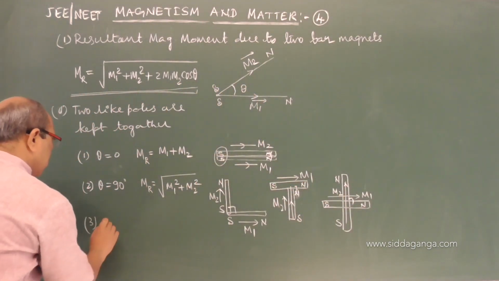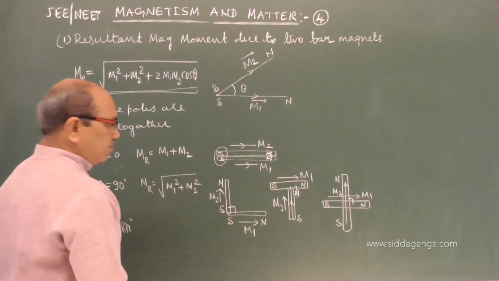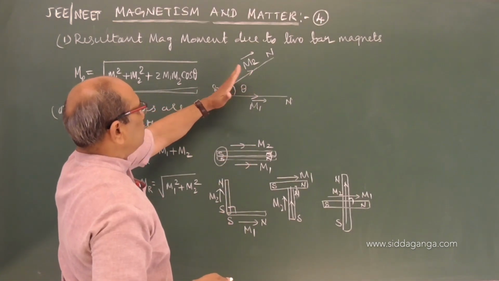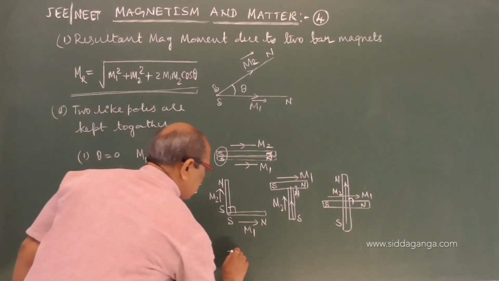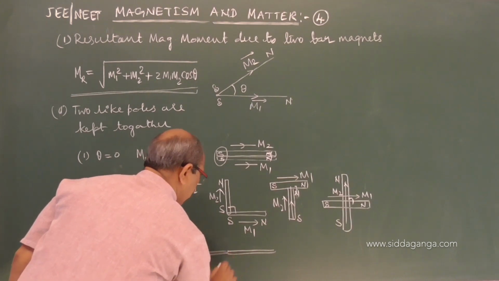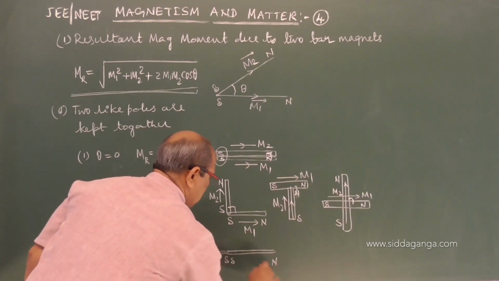Or third, theta is 180 degrees. So now theta is 0, theta is 90, theta is 180. Just take the two bar magnets with south and south together, and north apart.